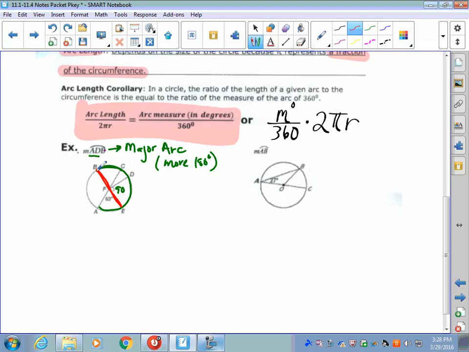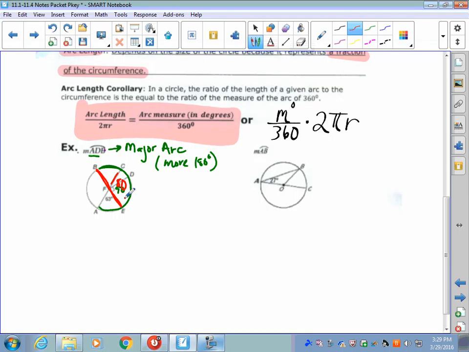The diameter. Okay, so the diameter cuts the circle in half. Does that make sense? So if I highlight this diameter B to E, what do I know about this part of the arc? 180. Yeah, over here is a total of 180, half the circle.